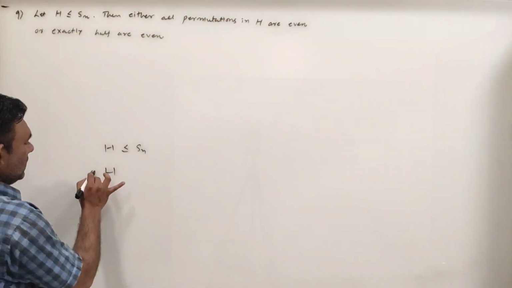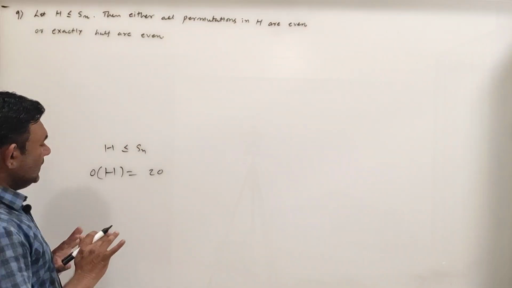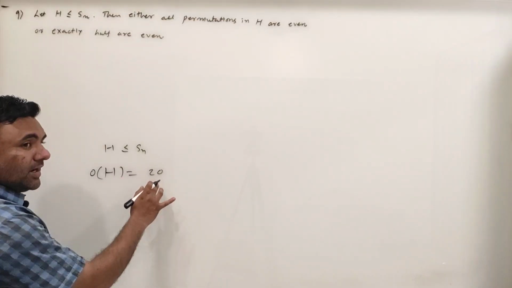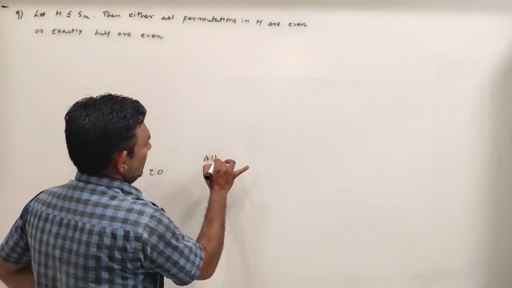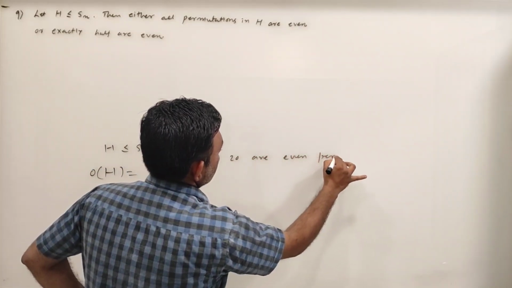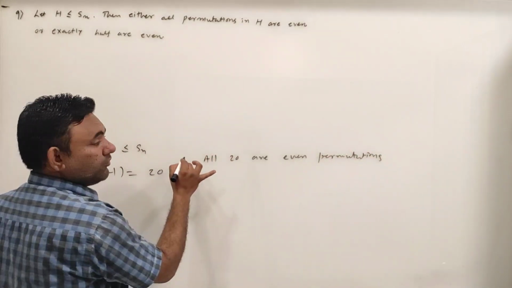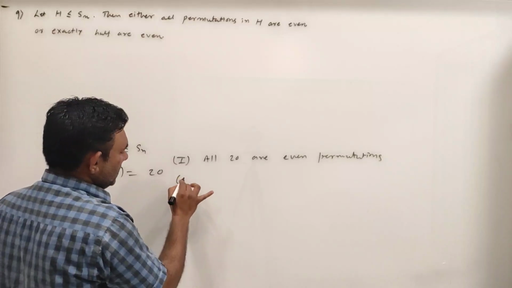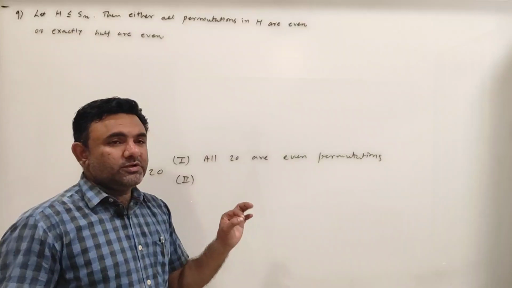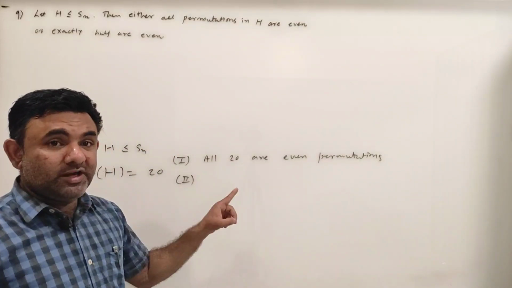For example, suppose order of H is 20. Then there are two possibilities. All these 20 permutations are even. All 20 are even permutations. So this is case 1. And the second case is: if at least one permutation is odd, then it will not be only one, it will be exactly half, that is 10.